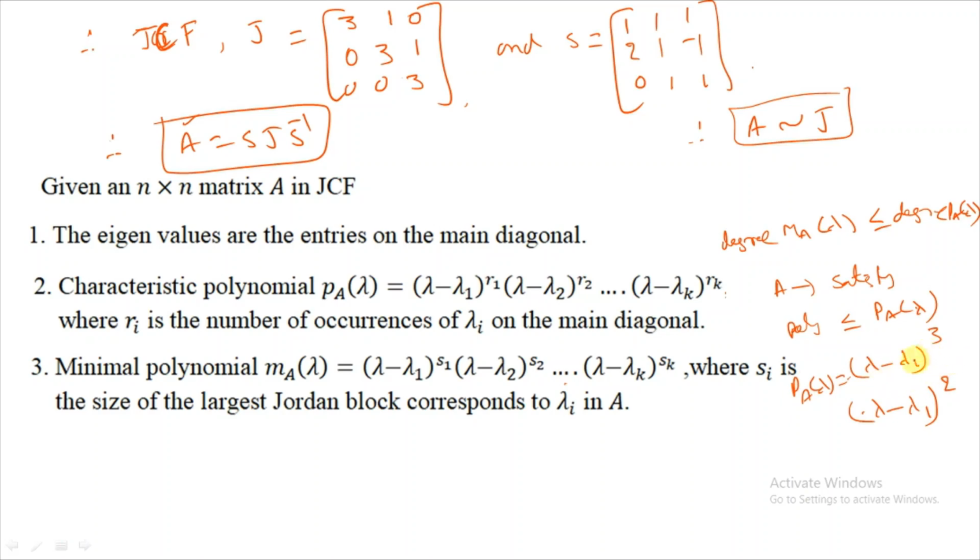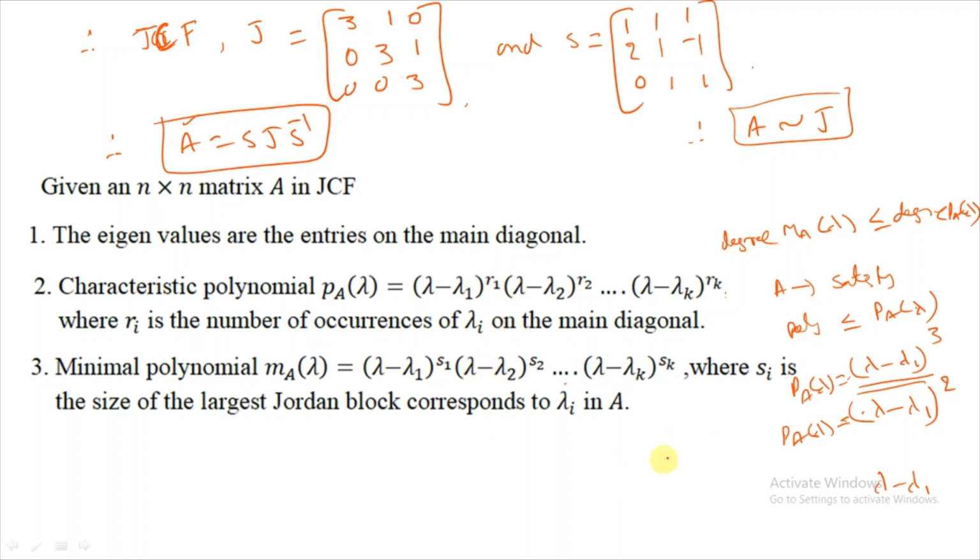Suppose a polynomial of lower degree also satisfies matrix A, then you can say this polynomial is the minimal polynomial. If it's not satisfying, then the minimal polynomial is the same as the characteristic polynomial. Suppose a matrix has distinct eigenvalues: the characteristic polynomial is the same as the minimal polynomial.